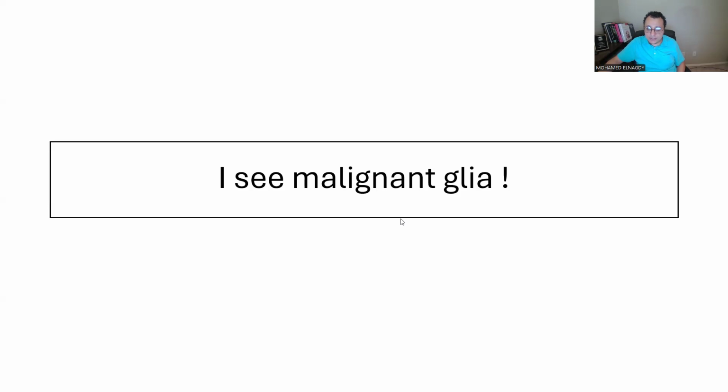Well, the next is I see malignant glia, glial neoplasm. Anybody know what's the most important feature that tells you that you're dealing with glial neoplasm? Especially on frozen section, when you want to confirm that this is actually a glial lesion or a glial neoplasm.